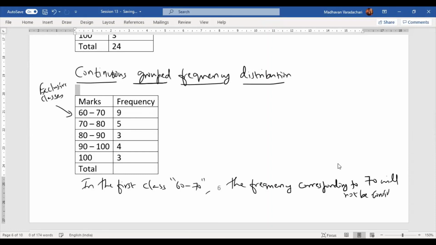That's why you say it is exclusive, because 70 is excluded. Such a frequency distribution you call a continuous grouped frequency distribution.